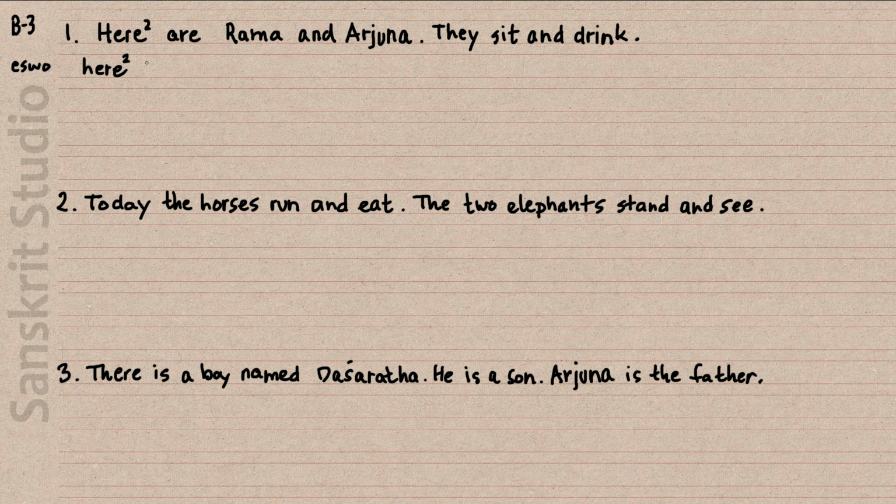How should I do the word order? Well, Rama and Arjuna, it's one package, so to speak, and they must be expressed like that, with the and here, as usual.